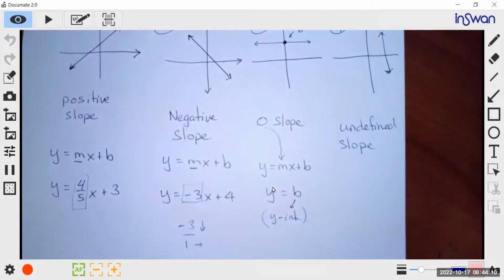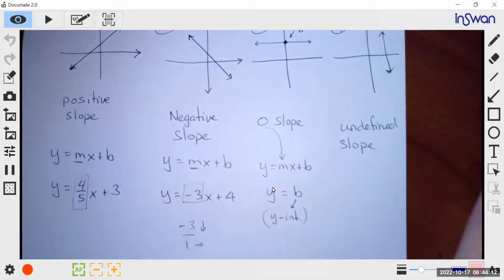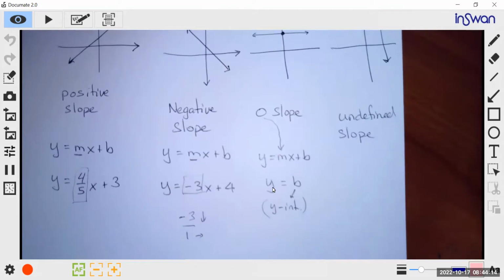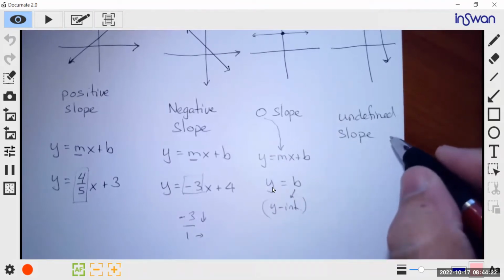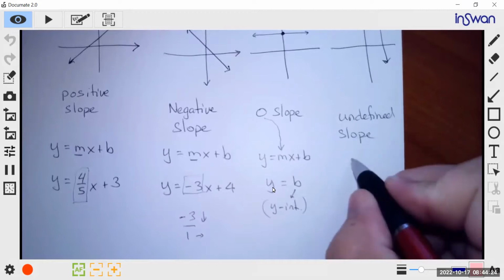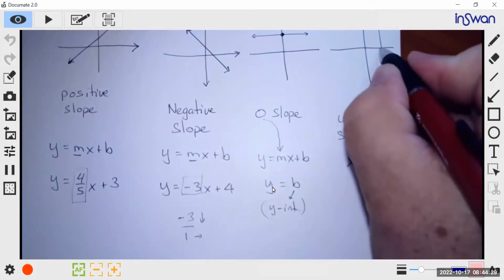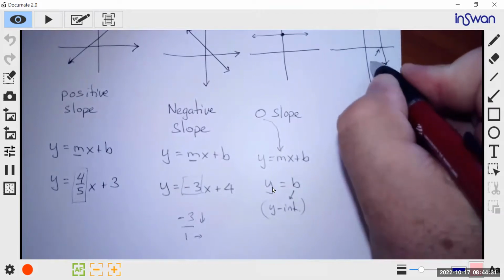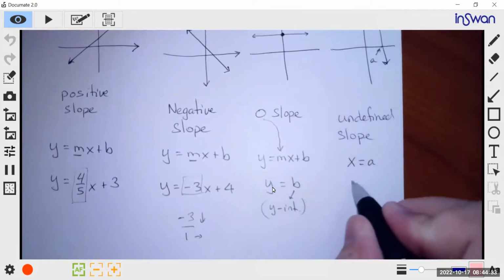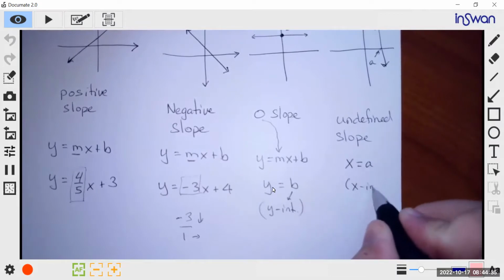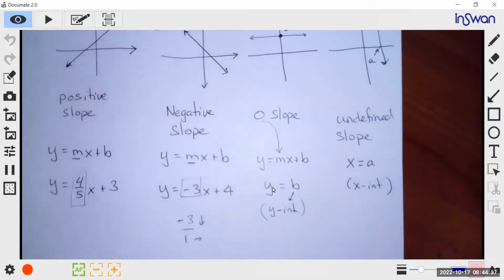That's your y-intercept. And for undefined slopes, it's just whatever the x-intercept is. There is no y value there.